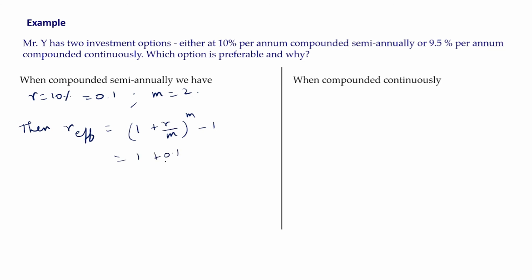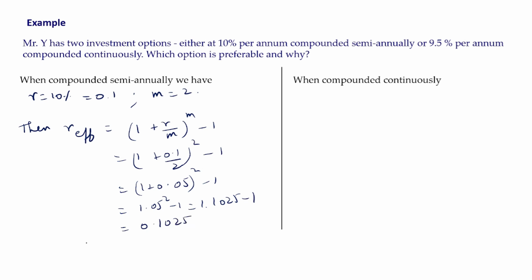So it is 1 plus 0.1 by 2 the whole square minus 1. Or it is 1 plus 0.05 the whole square minus 1. It is 1.05 the whole square minus 1, which is 1.1025 minus 1. This is 0.1025. So in this case, the effective interest rate is 10.25%.